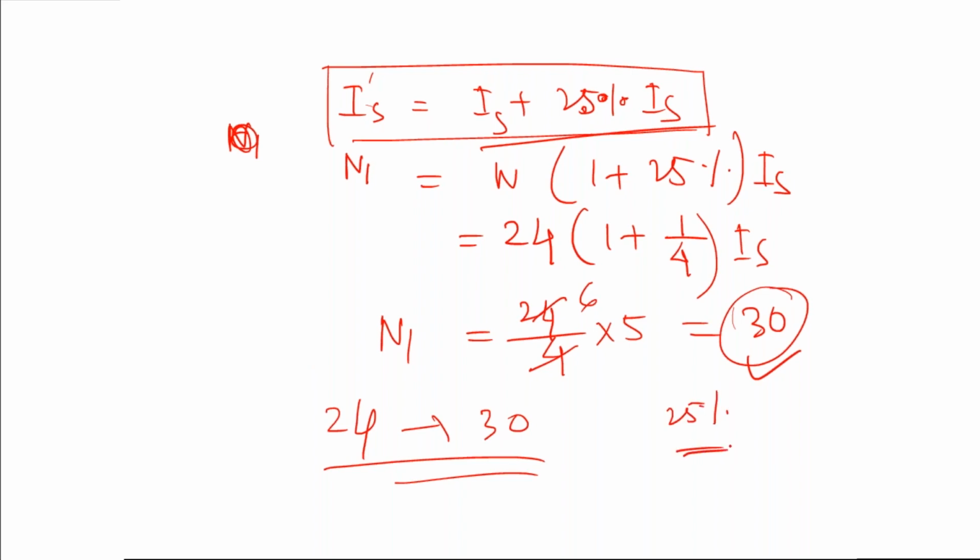This question has another part actually. The other part is: in doing so, that means I have increased my current sensitivity by 25%, and in that case the number of turns we have taken is 30, where earlier it was 24.